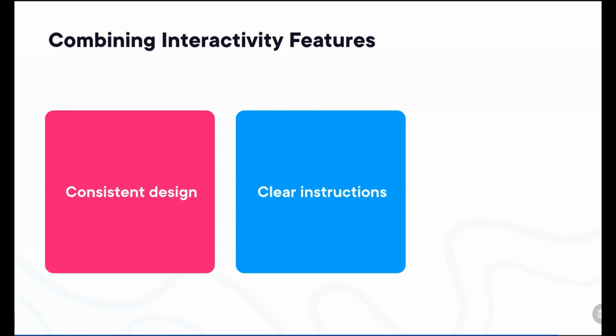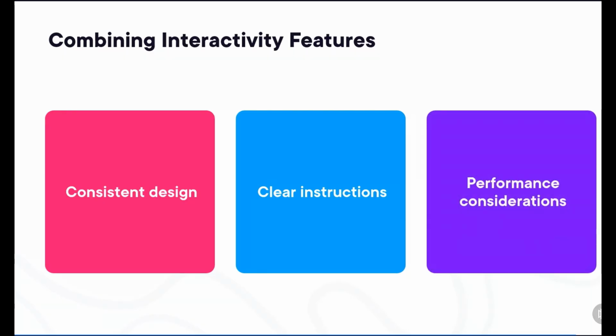Provide clear instructions or tooltips to guide users on how to interact with the report. Performance considerations. Be mindful of performance impacts when using multiple interactive features, especially with large datasets. By implementing these interactivity features, you can create Power BI reports that are not only visually appealing but also highly functional and user-friendly.